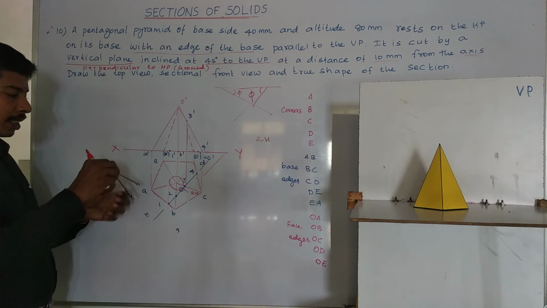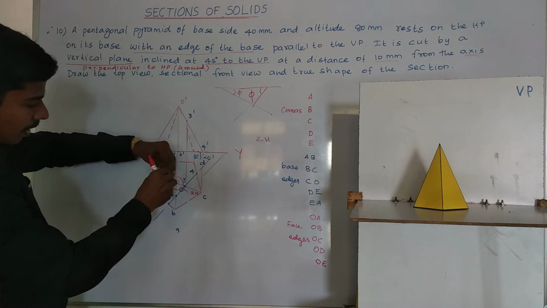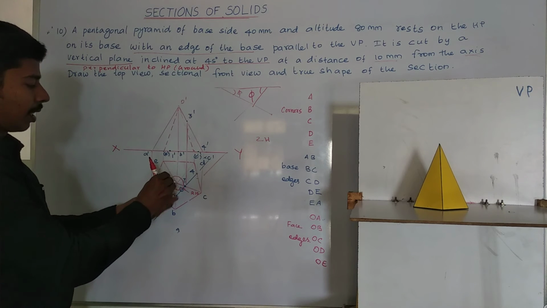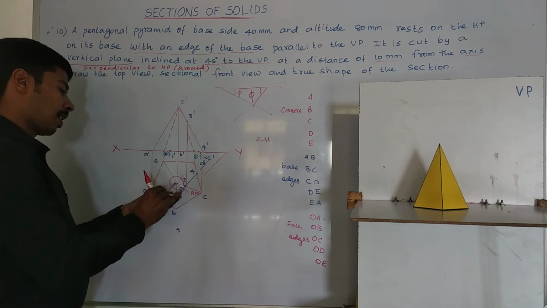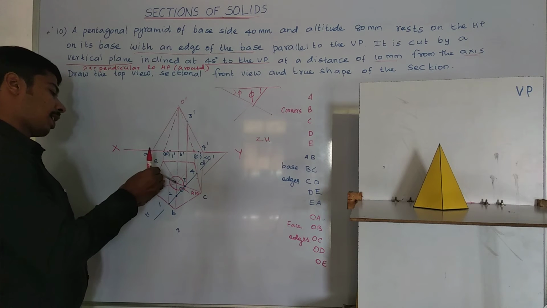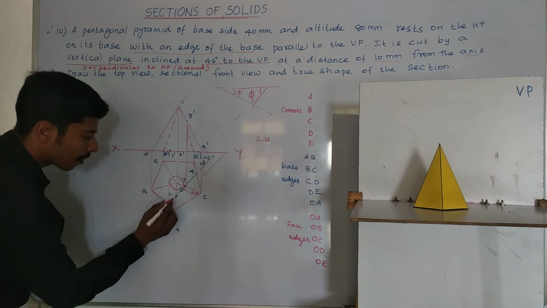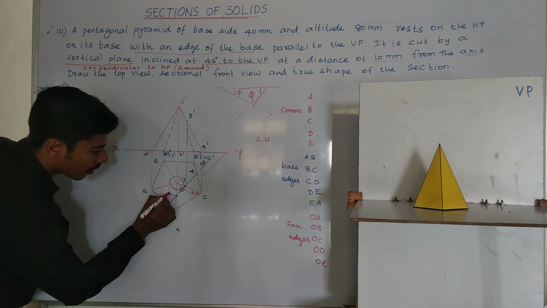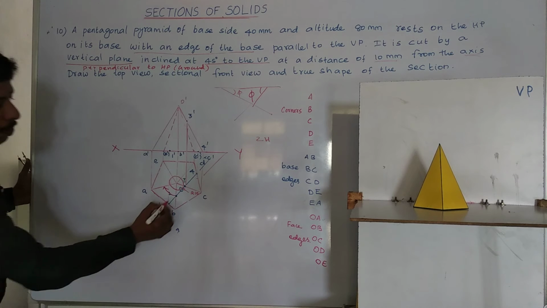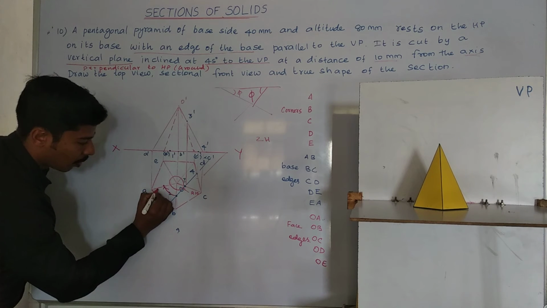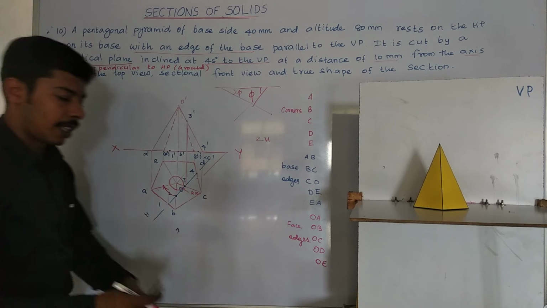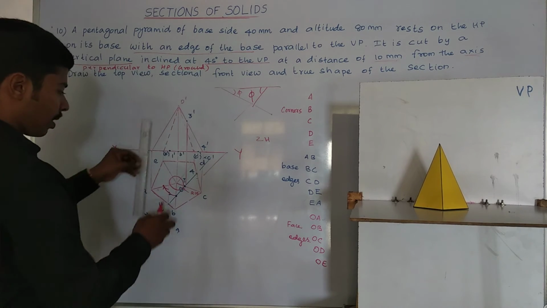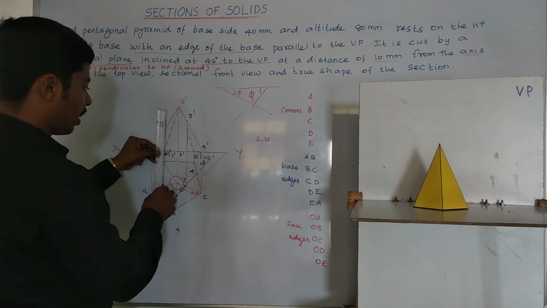So keep this as center, this 2 as radius, draw an arc here. So this point is another 2. Then draw a line.